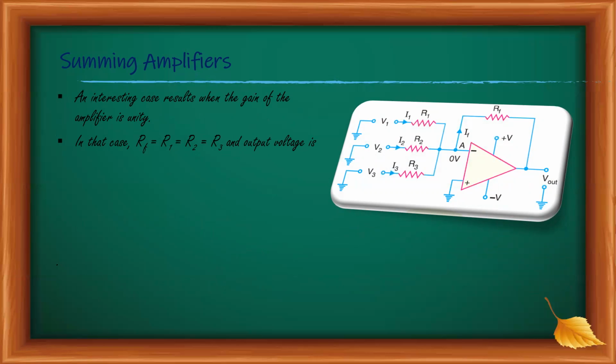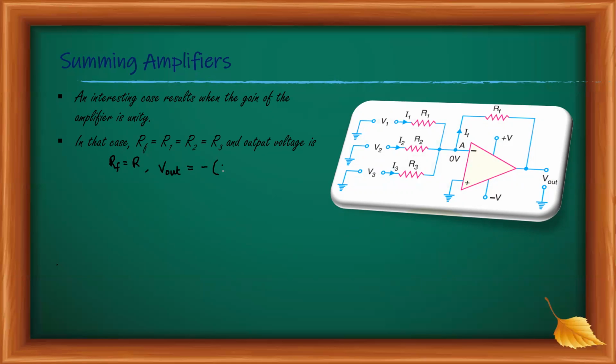So when we put all the resistors equal, or we also take R1 is equal to R2 is equal to R3 is equal to R, then we take also RF is equal to R. Okay, when in the case RF is equal to R, we will express V out is equal to what?